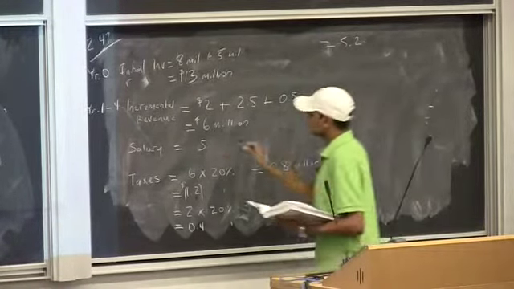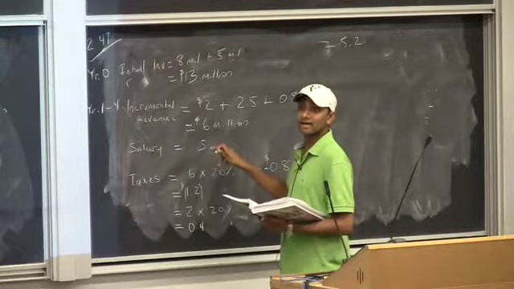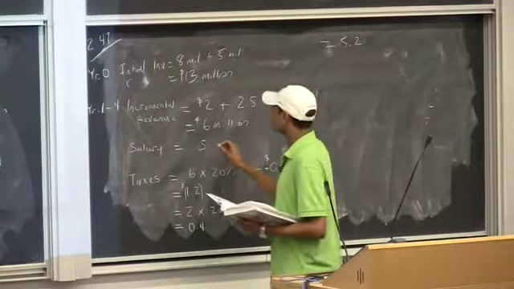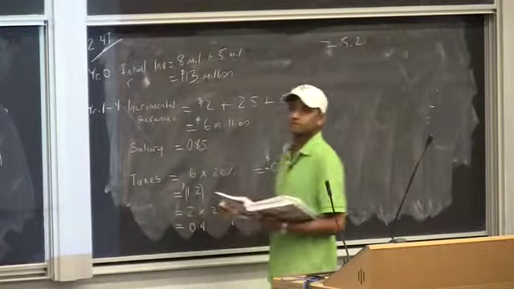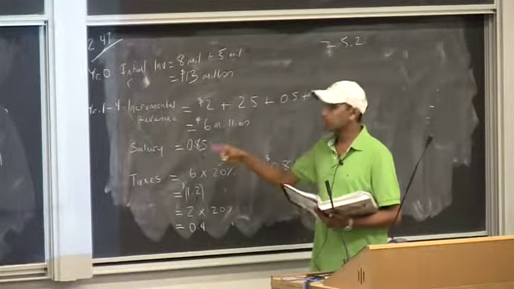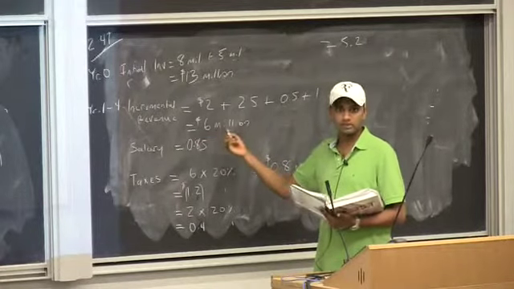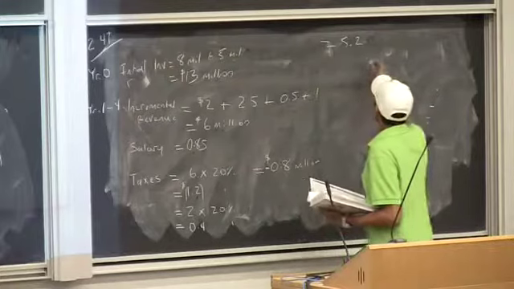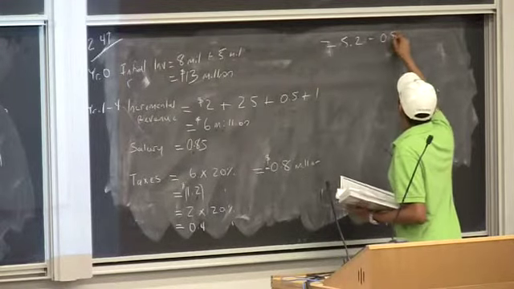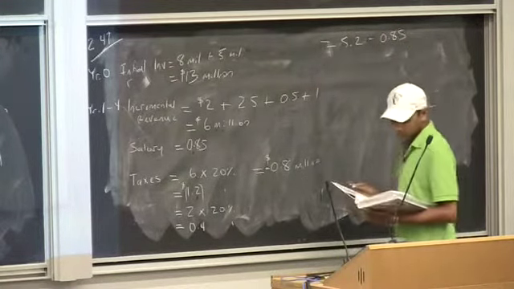Oh, right. The salary. The salary is going to get taxed as well, right? 20%. So it's only 80% of the salary. Right? If you were to get a salary, it'd have to be taxed. So that's why I put 80%. Okay? Minus 0.8 of the salary.